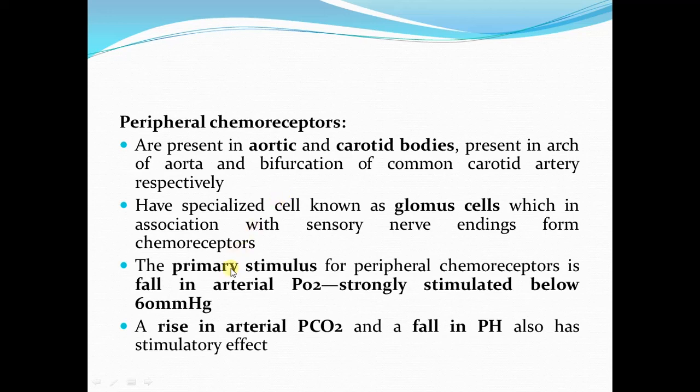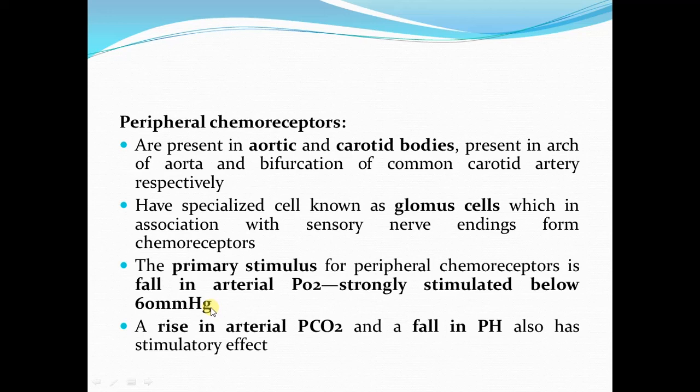This is a primary and potent stimulus for the peripheral chemoreceptors, that is, a fall in the partial pressure of oxygen in the arterial blood. It strongly stimulates the peripheral chemoreceptors when the partial pressure of oxygen falls below 60 millimeter of mercury.